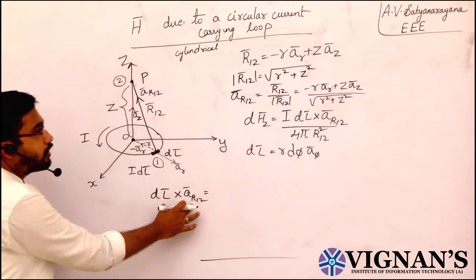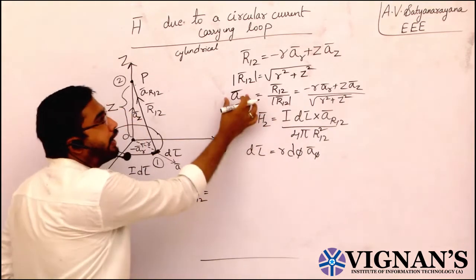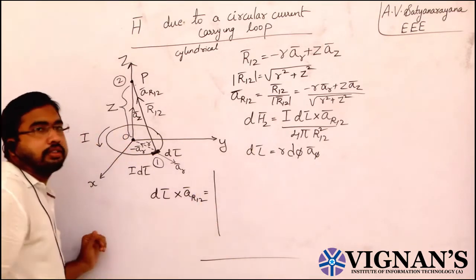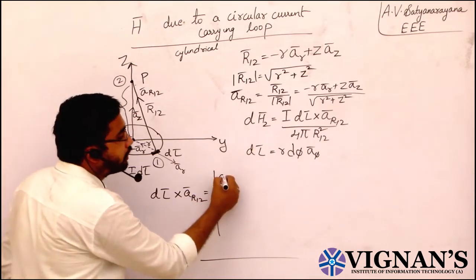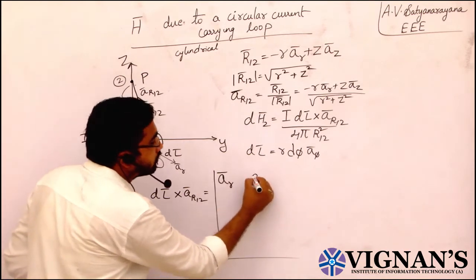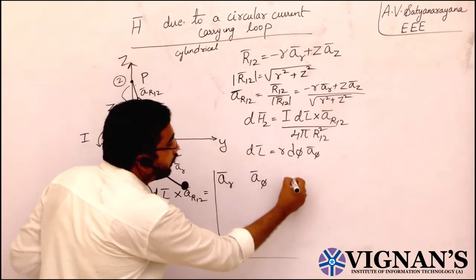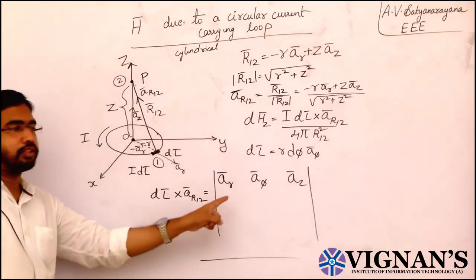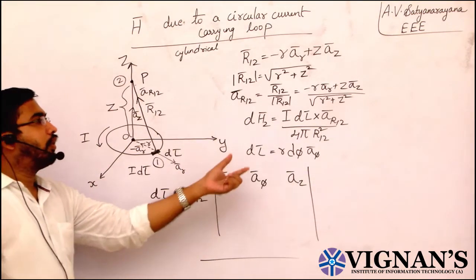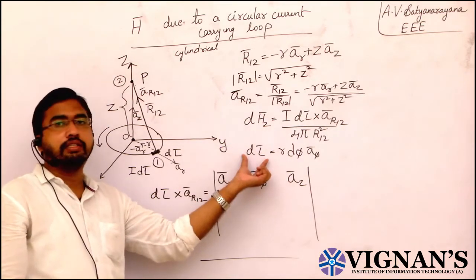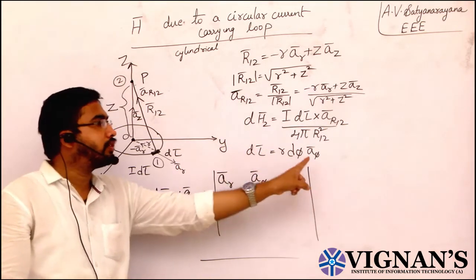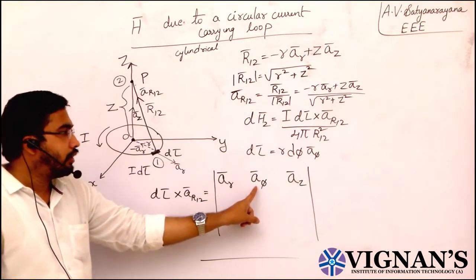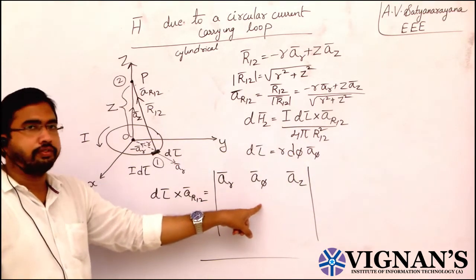Now find the cross product for this dl bar and this ar12 unit vector. Take the cylindrical system. Cylindrical system means what are the unit vectors? ar bar, a phi and az. These are the three unit vectors that will be mentioned in cylindrical system. What is the first vector? The first vector is dl bar. dl bar means you are having only the a phi component, so here you can write the coefficient for that.